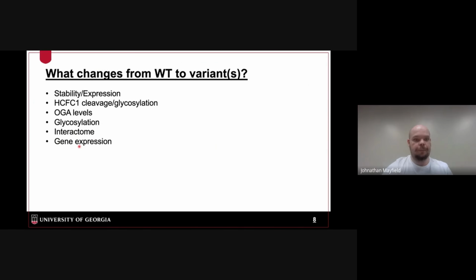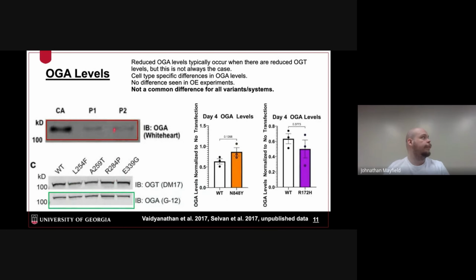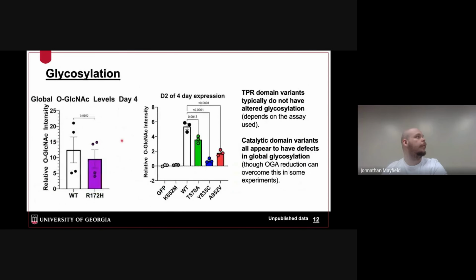So, for example, on that slide, this is not normal activity for an OGT, so this mutation is causing a defect here, whereas you might see a different change here, and then another different change here, right? And it may not be the same across the board for every mutation from patient to patient.